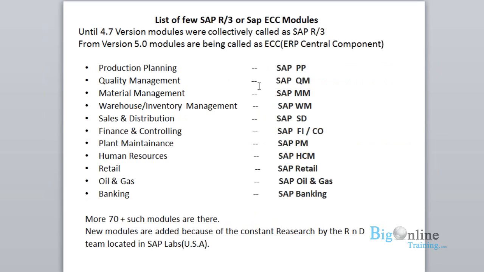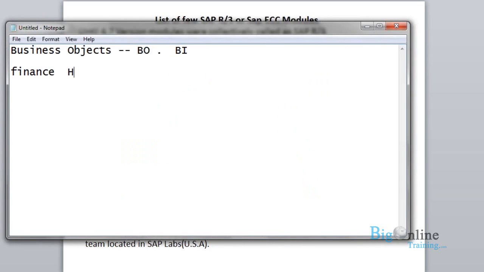Now, the software for each department, we call it a module. So we have numerous modules. All these modules can be classified into finance, HR and logistics.